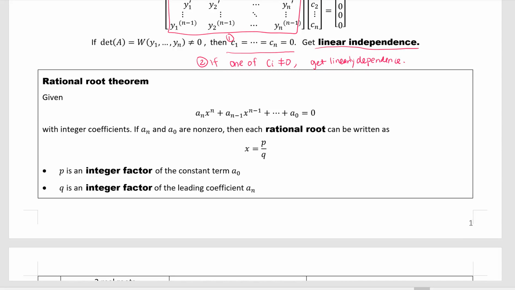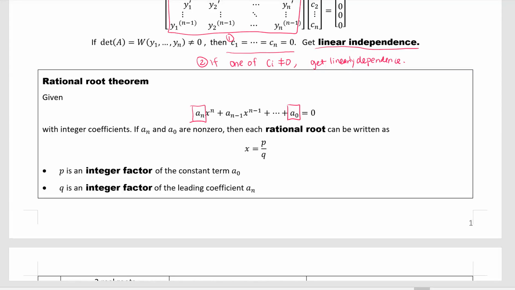Okay, so first of all, we have the leading coefficient a sub n. All of these are the coefficients. Let's look at the leading coefficient and the constant term.